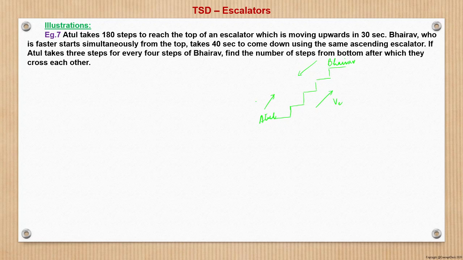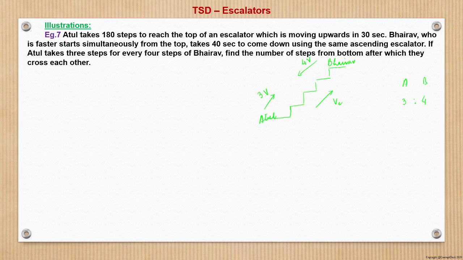And now the speed of Bhairav and Atul. So it says that the speeds of Atul and Bhairav would be 3 is to 4. Let us assume that it's 3V for Atul and then it will be 4V for Bhairav to honor the ratio of 3 is to 4. So this is the data which has been given to us.